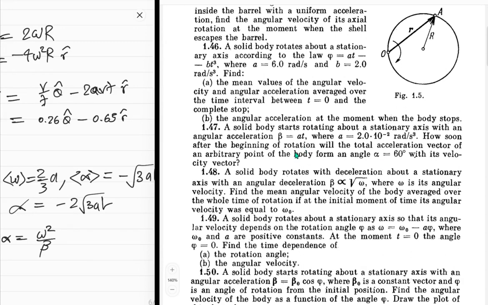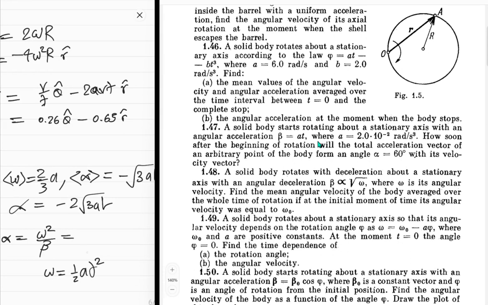So you can just integrate it: this is d omega upon dt. So we just have omega equal to half of a t squared. That's weird, but that's how it is.